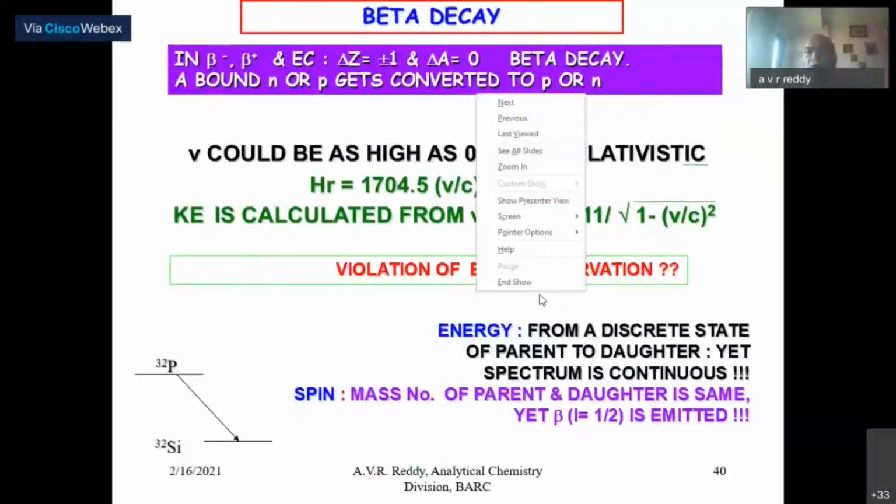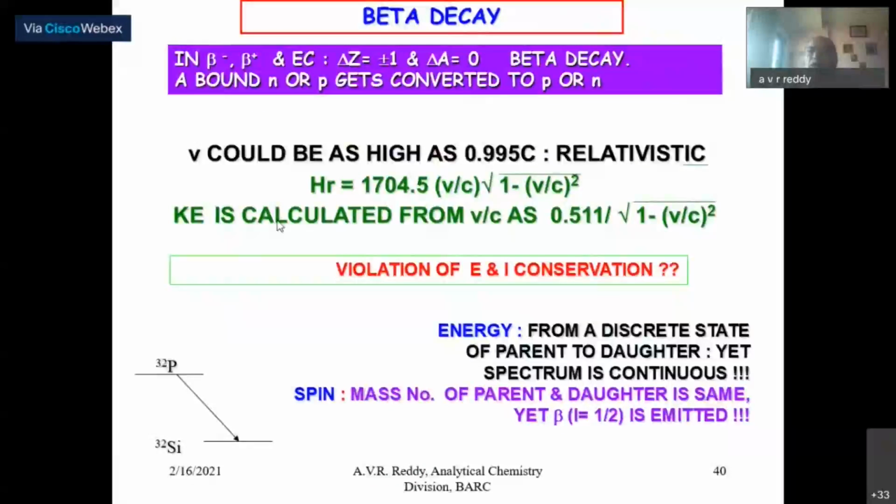Yeah. So before we move further, the energy of the electron varies between 0 to about, in general, 2 MeV. Exceptions are there, slightly higher energies also seen. And they correspond to the relativistic region.